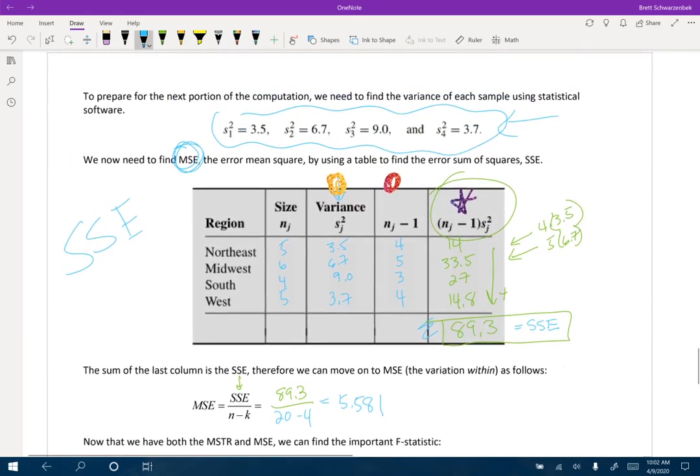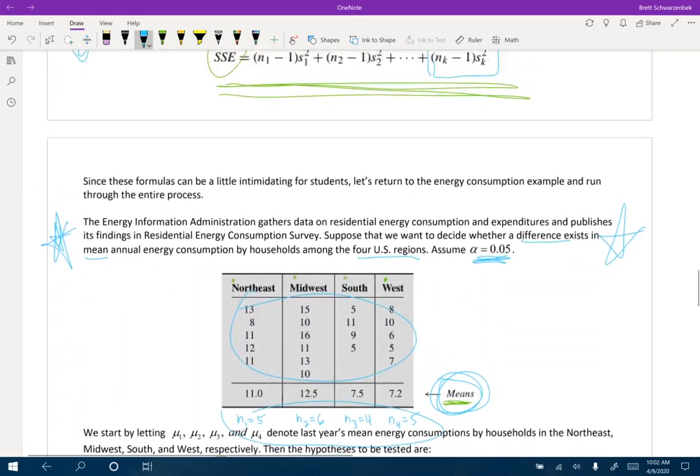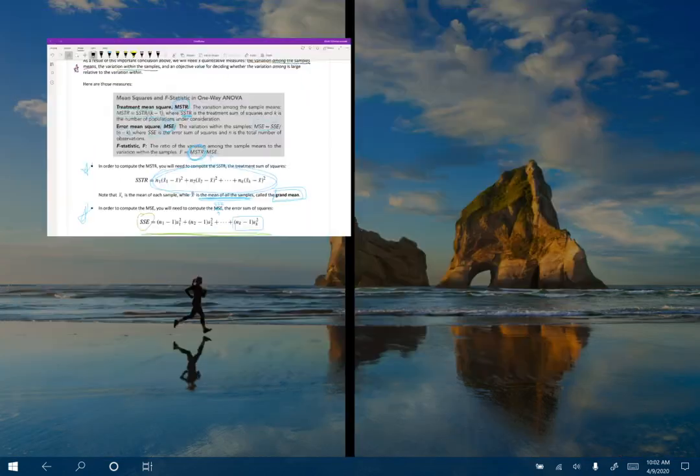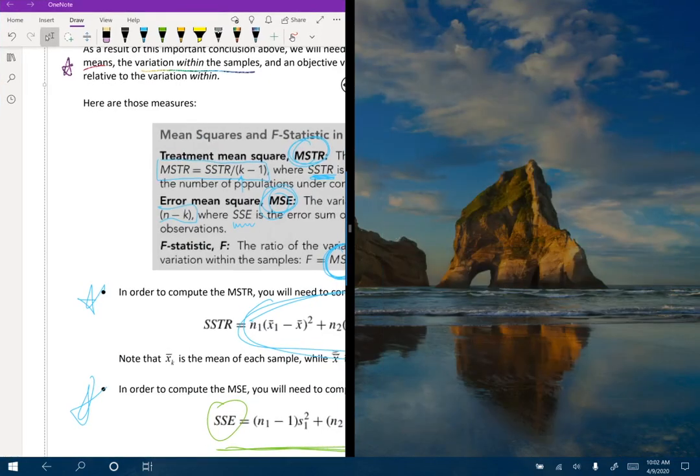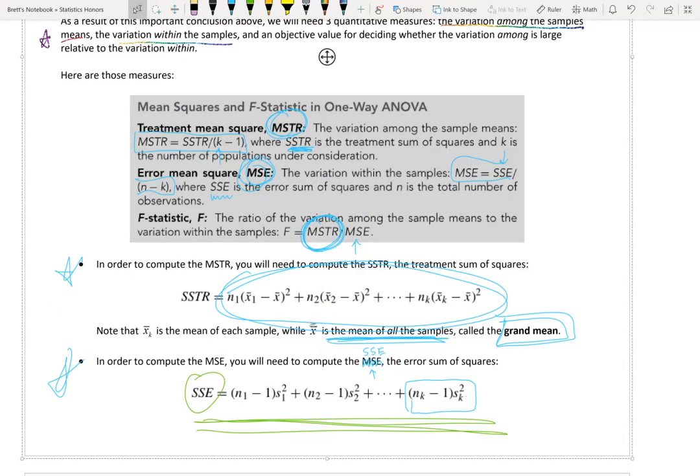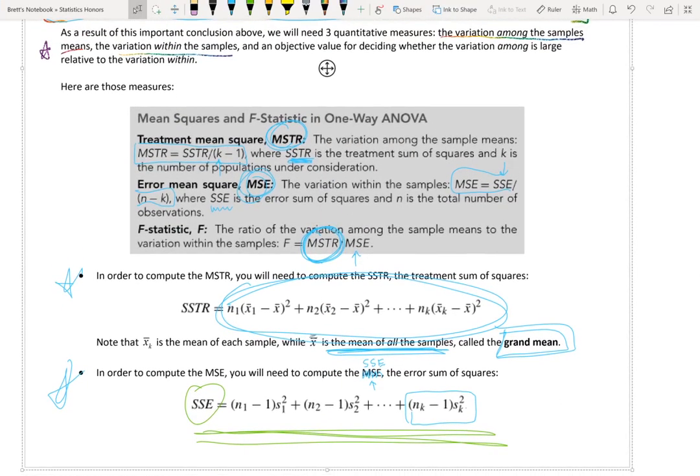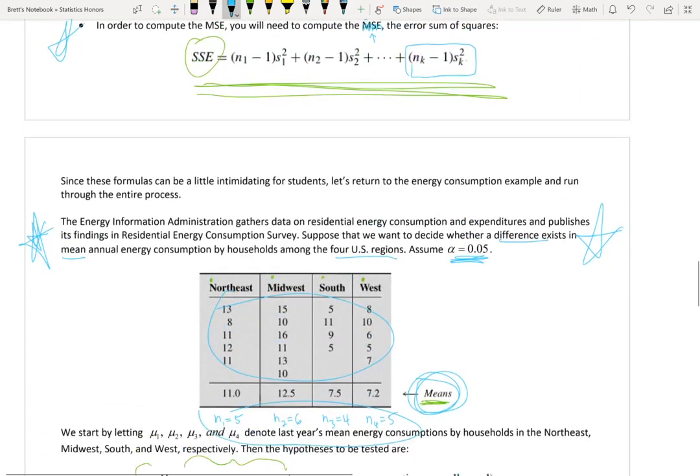If we go back to F here, we're basically looking at this guy. This is the formula right here. So MSE is the second guy, the denominator that we're working on.